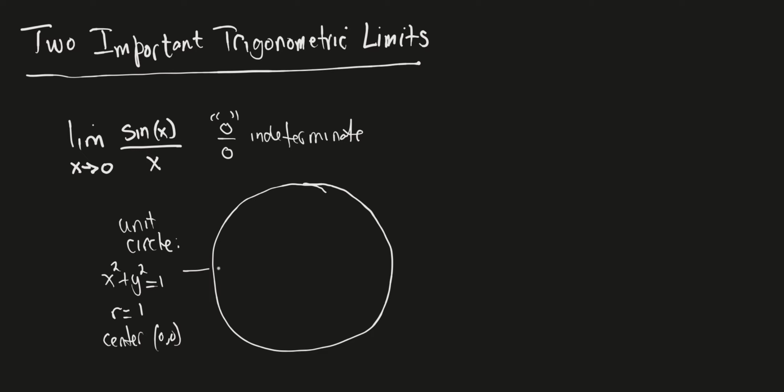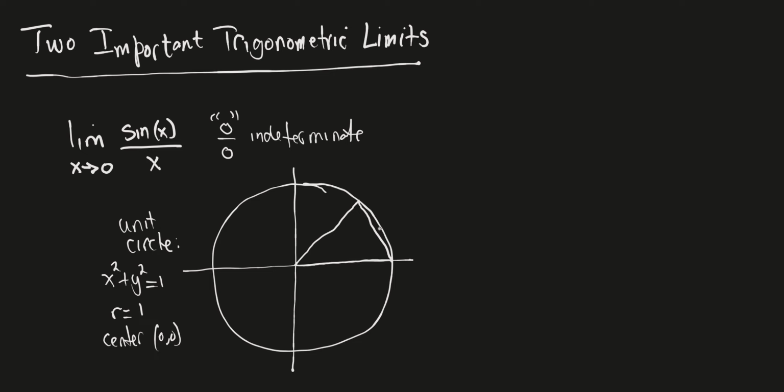Right, so let's draw some stuff there. There we go. And then what I'm going to do is make a sector in the first quadrant. But then I'm also going to form a triangle here. So there's going to be a triangle there, right?